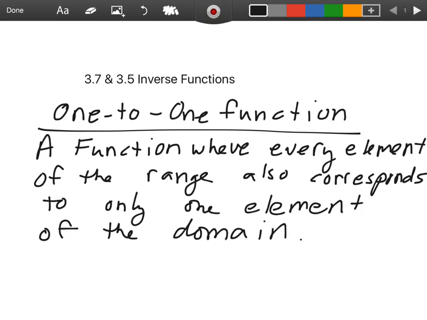The definition of a function was every element of the domain corresponds to only one element of the range. But a one-to-one function is, of course, by the name, every one thing goes to one thing. It also has every element of the range corresponding to only one element of the domain.